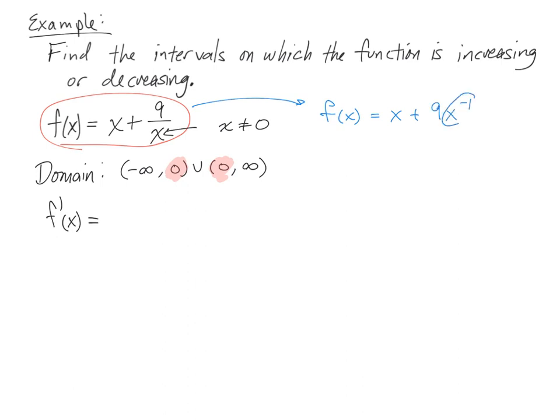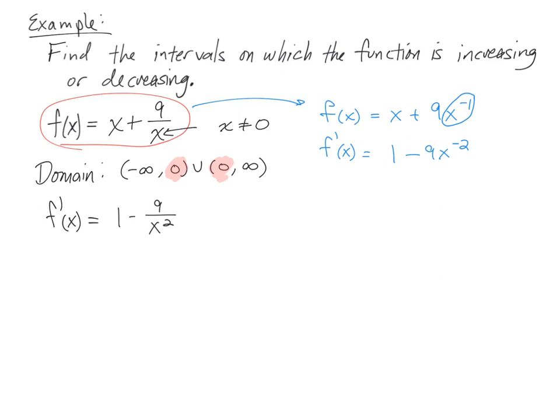Now again, the negative 1 is only the exponent for the x and not the 9. So when you find the derivative of this, f prime of x will equal 1 minus 9x to the negative 2 power. And then we have to shove that negative 2 power exponent x and all of it to the bottom. So we have 1 minus 9 over x squared.